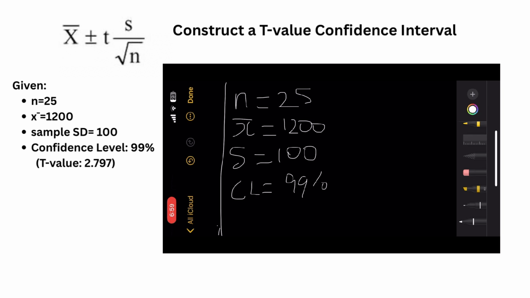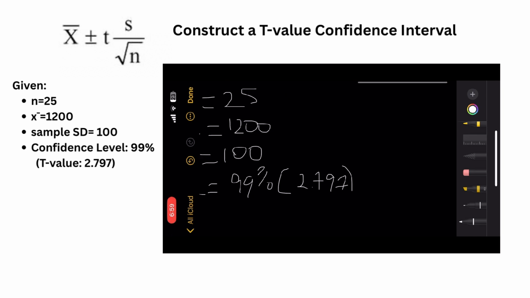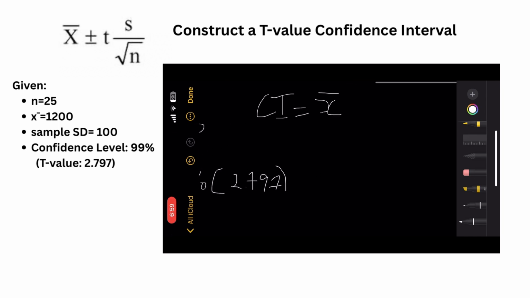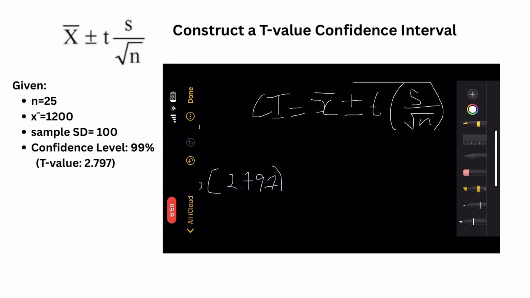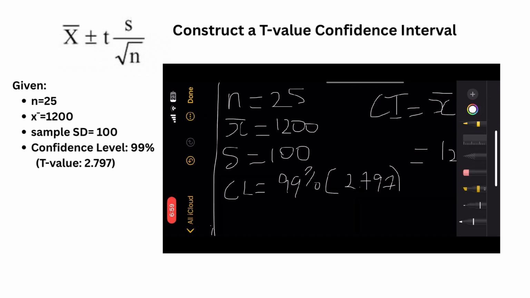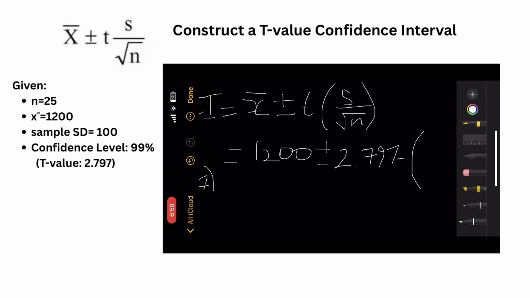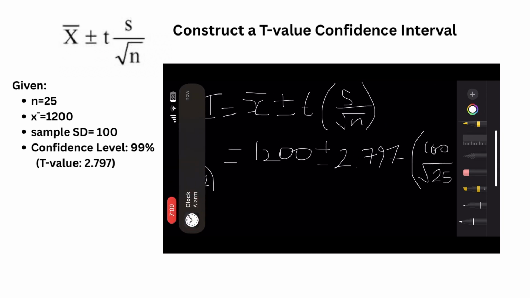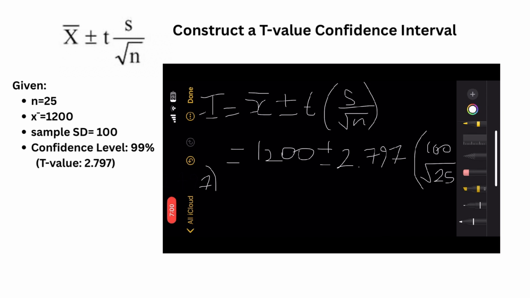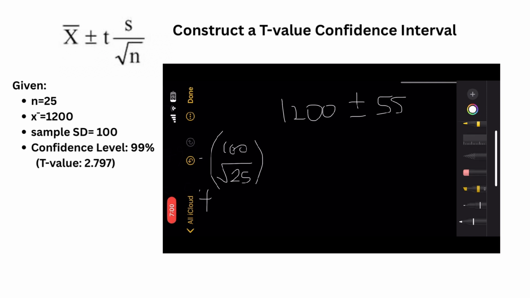We calculated the t-value using degrees of freedom and the t-table, which we have discussed in a previous video, so check that out. Using the confidence interval formula for a t-value and distribution, we plug in the values. So 1,200 plus and minus 2.797 multiplied by 100 divided by the square root of 25. This sums up to 1,200 plus and minus 55.94, which is our margin of error.